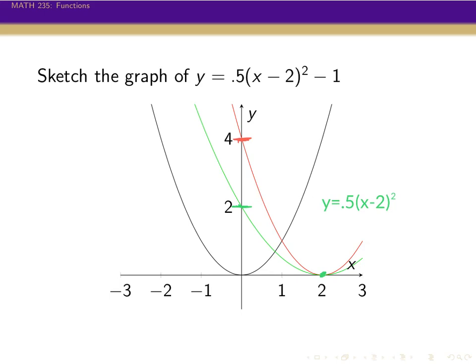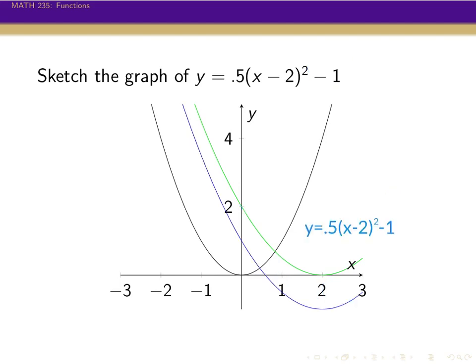Okay, now we don't need this function anymore. It has done its job, and so now we're focusing in on 0.5 times (x minus 2) squared. And what's the last thing we need to do to get to our overall function? Now we need to subtract 1 at the end. And so subtracting 1 is going to be a shift downwards by 1 all the way across.